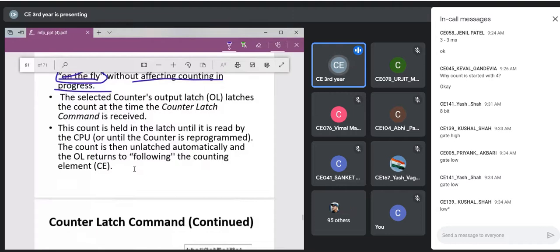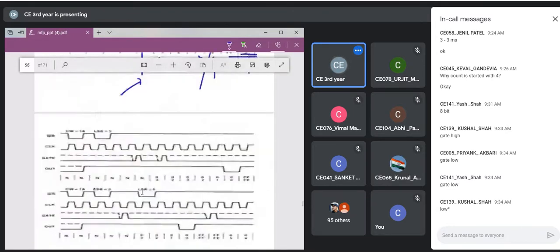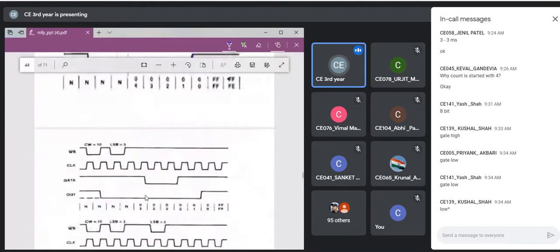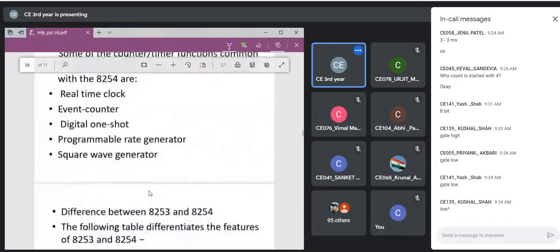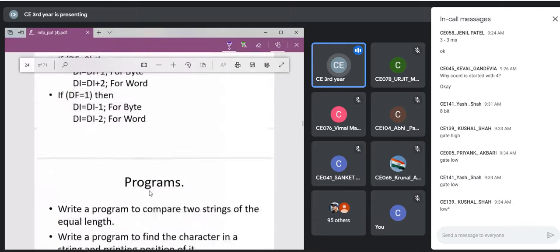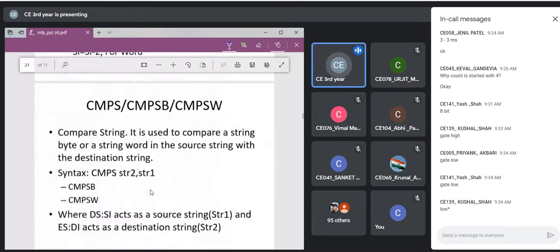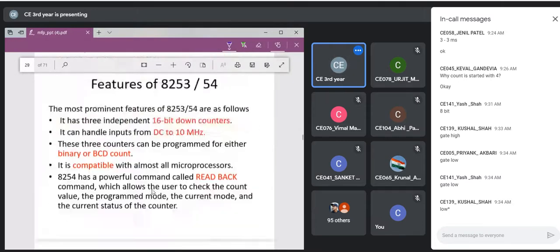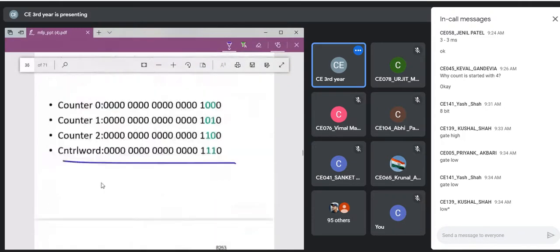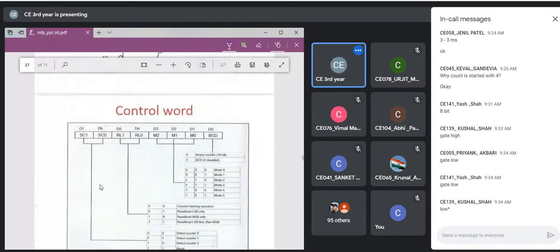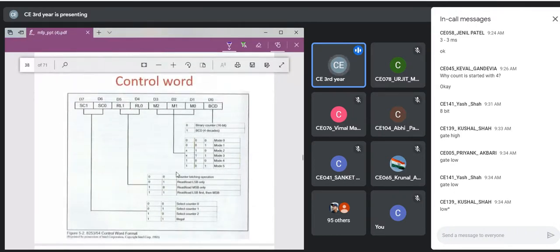Okay, so now how to do that? For that we have one operation. If you remember your control word, what was your control word? What was this 00?